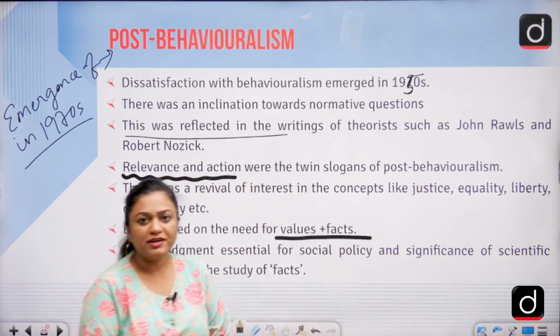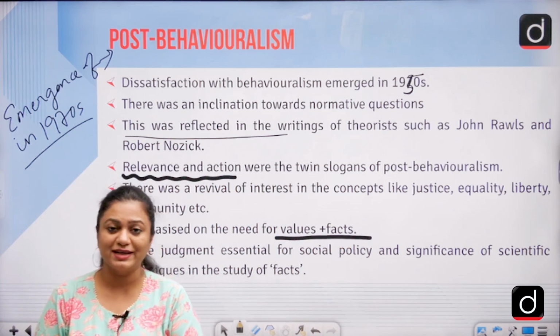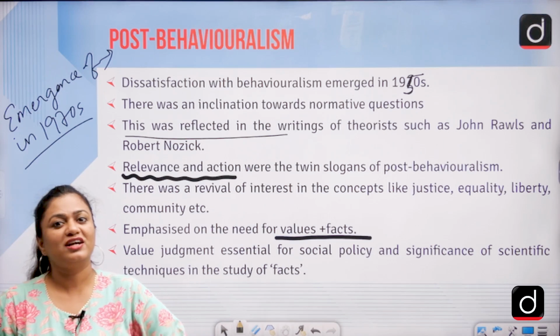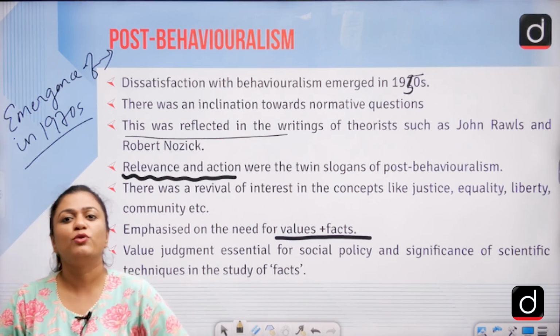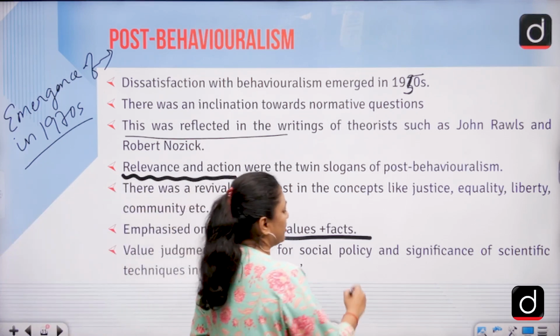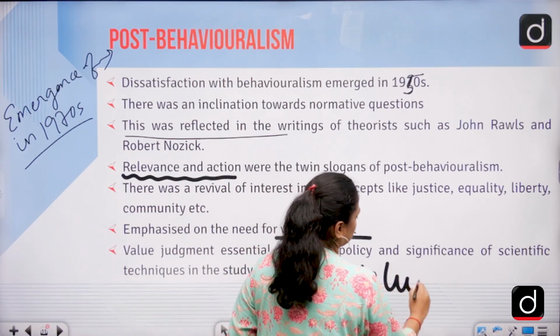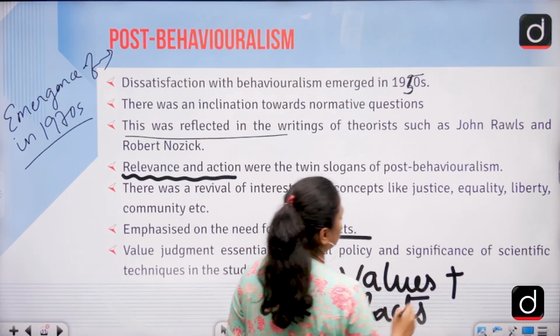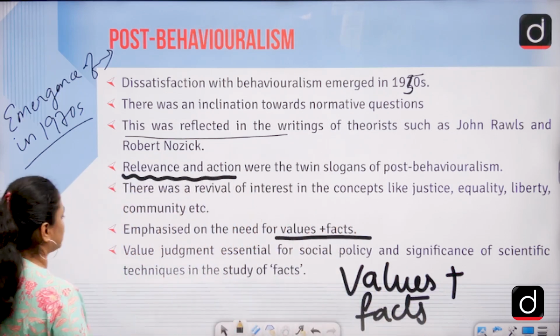You need value judgments for social policy, and at the same time you need scientific methods for exploring the facts. So you need both values plus facts. This is the mantra of post-behavioralism.